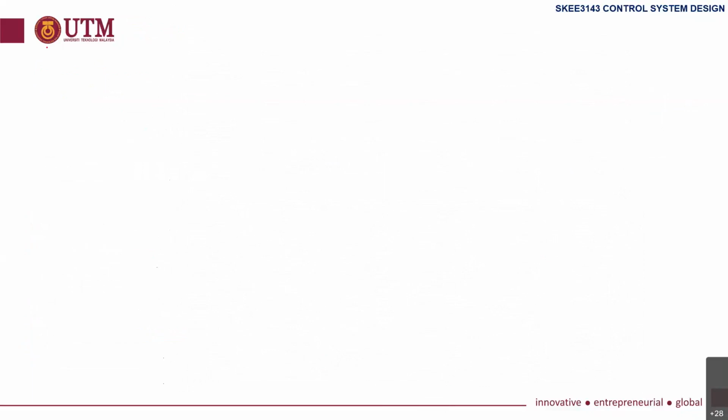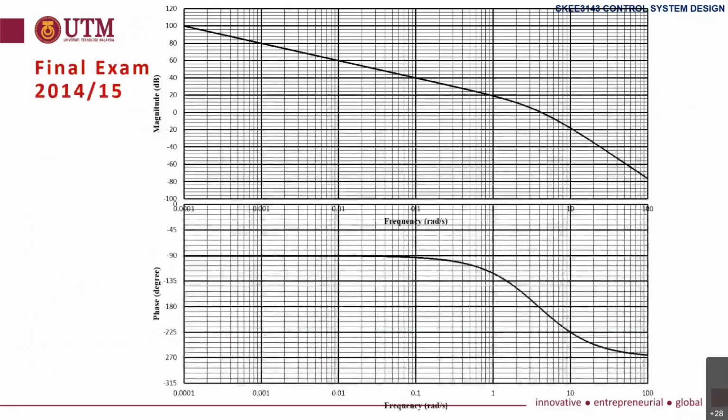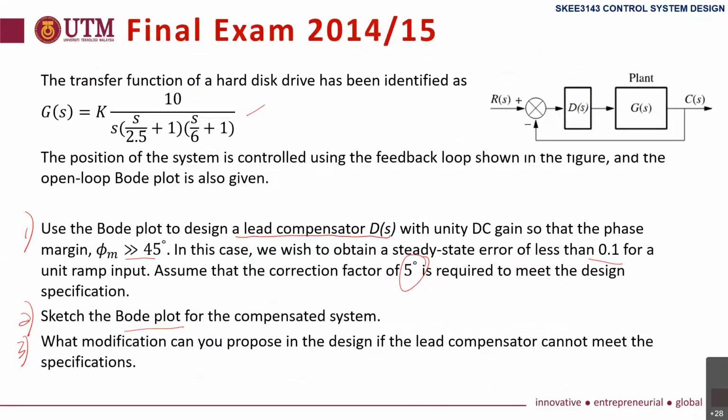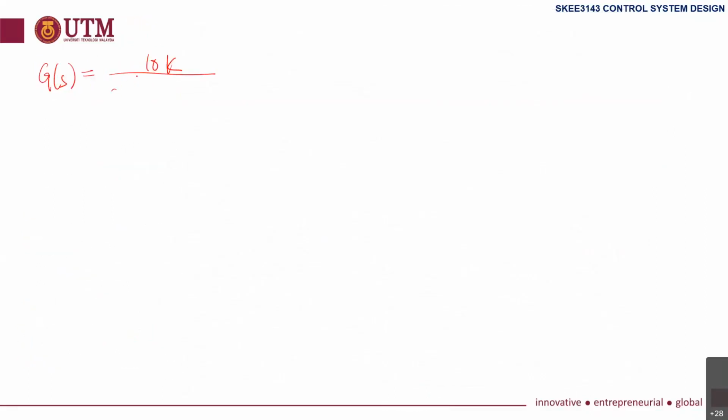So given, let's do it together. G(s) here was 10K over s, s over 2.5 plus 1, s over 6 plus 1. We can write it in a more familiar format.